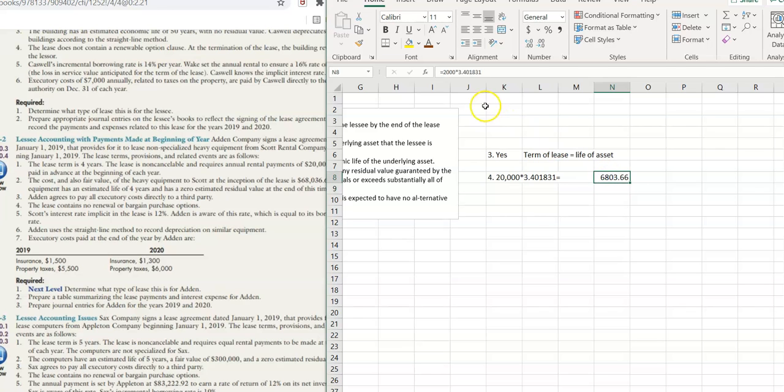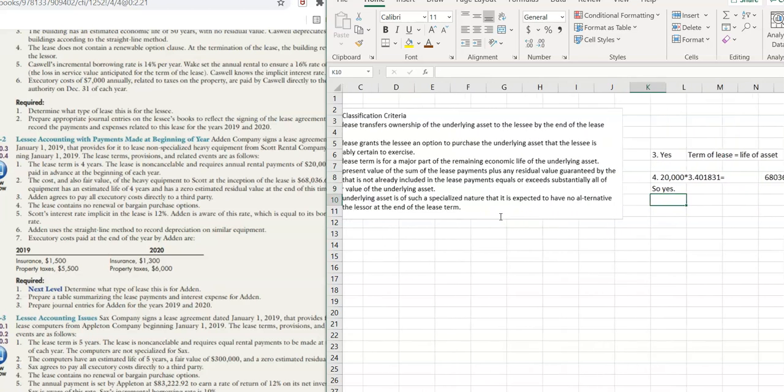I did something wrong there. Missing a 0, and it equals the fair value. Okay. So number 4 is yes as well.